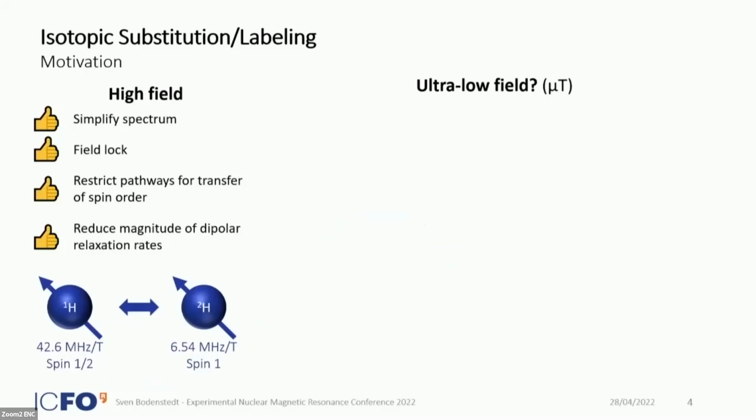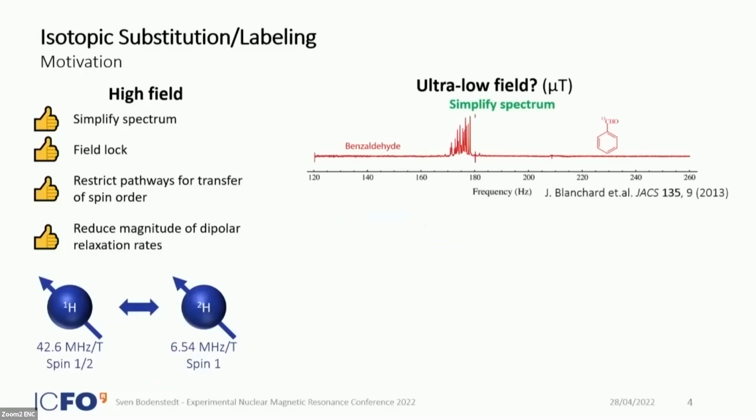What happens there? So you still may have similar motivations to do that. One reason is that even for very symmetric or simple molecules, if you do zero field spectroscopy, the spectrum gets quite complicated. So you may think about whether isotopic substitution can simplify it somehow.